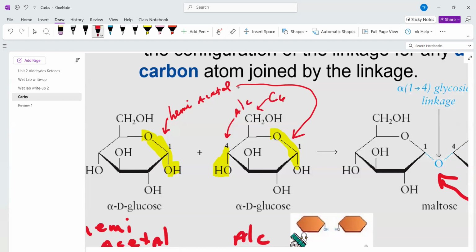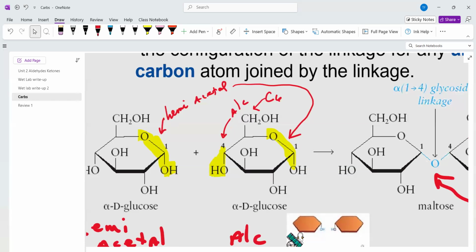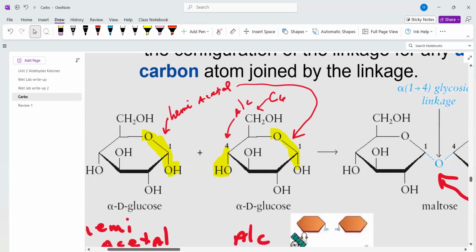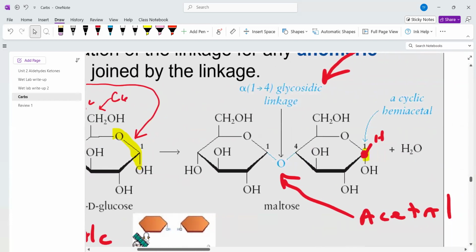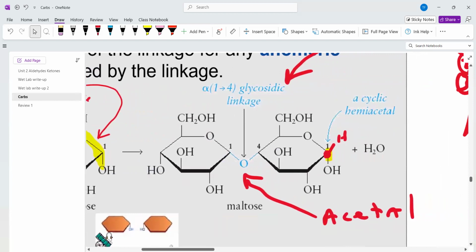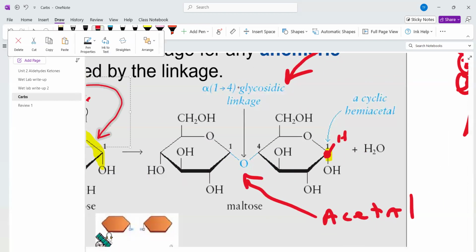So the second glucose also is a hemiacetal. Okay, so that's going to come into play, the second hemiacetal, in a minute here. Okay, what happens is these link up.